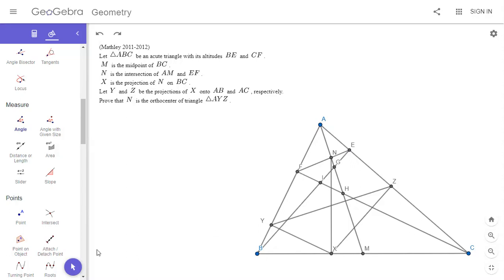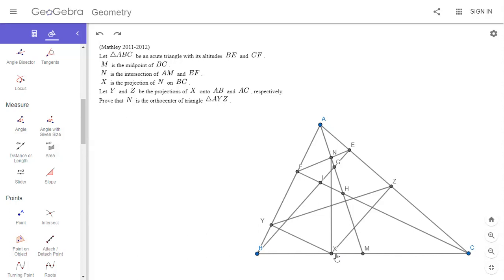Yeah, okay, I think there's an easier way to solve it. So FN over NE, we want to show is BY over YF, but BY over YF is BX over XC. So we want to show BX over XC. We want to show N and M are corresponding points. And that's true if AX is the median.